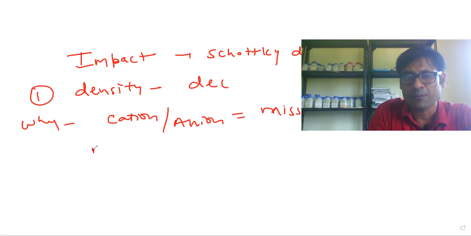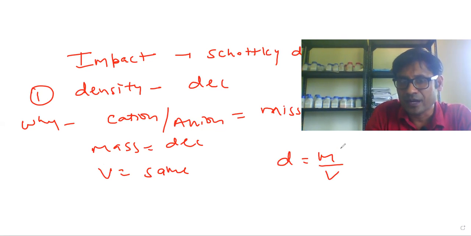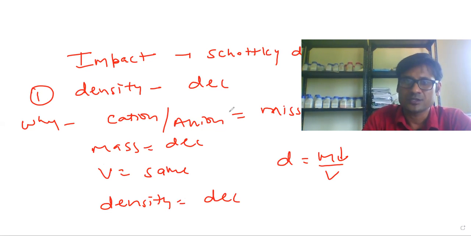It means mass is decreased, but the volume remains the same. We know that density is equal to mass upon volume. And if mass decreases, density also decreases in case of Schottky defect.